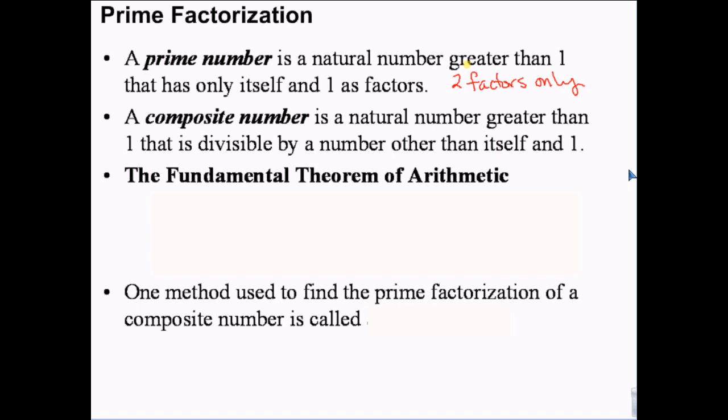Always in sets of 2, though, so even numbers of factors. So you have prime and you have composite, and then you have numbers like 1. 1 is neither prime nor composite because it doesn't have only 2 factors and it doesn't have multiple factors. It has 1 factor, and so it's kind of like this weirdo that doesn't really fit in with the whole scenario.